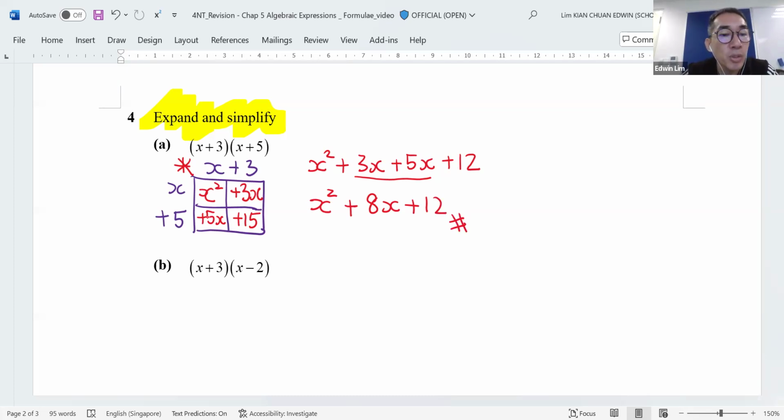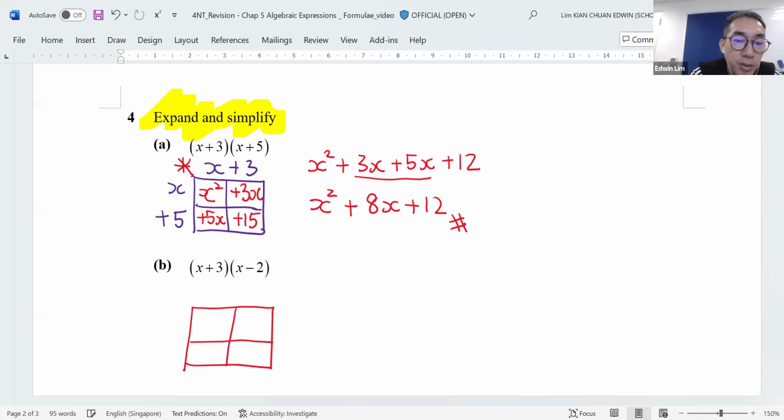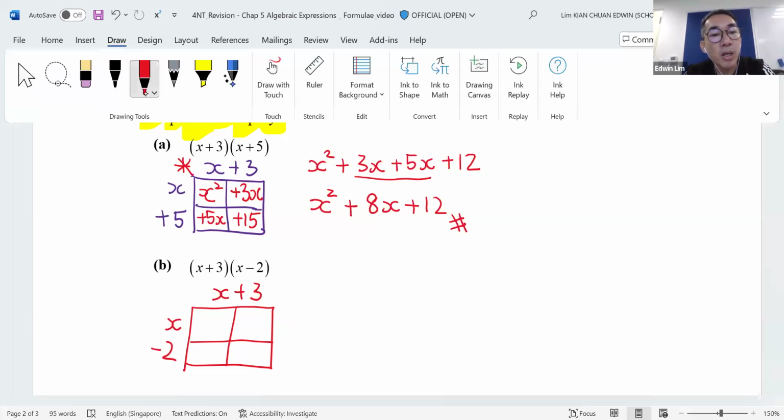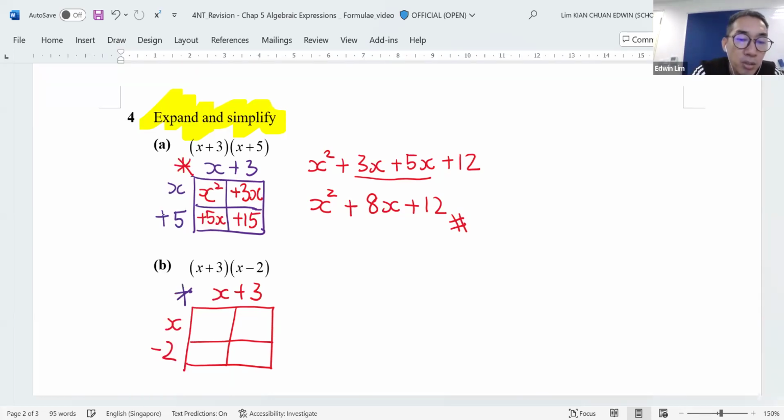The same method will be used for 4b. I will use the box method. X plus 3, x minus 2. Use a different color to let you see how I do. I need to fill in everything in the box by doing multiplication.